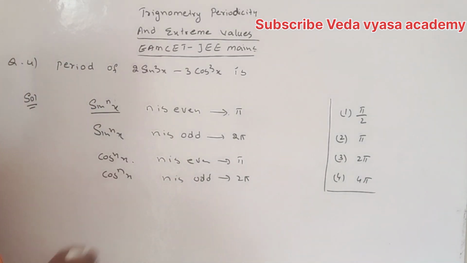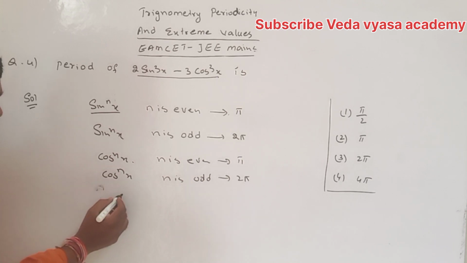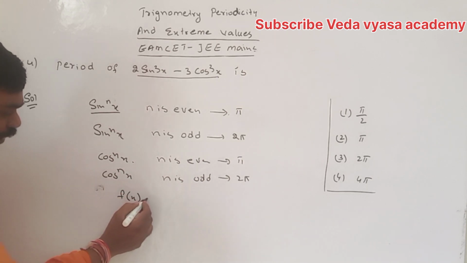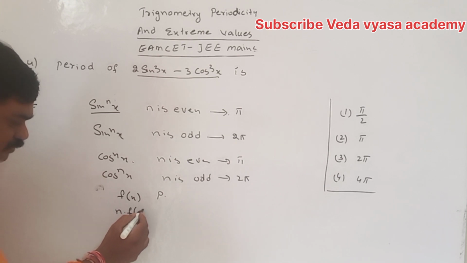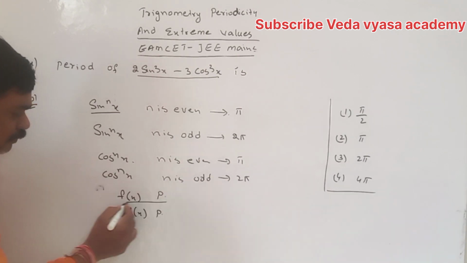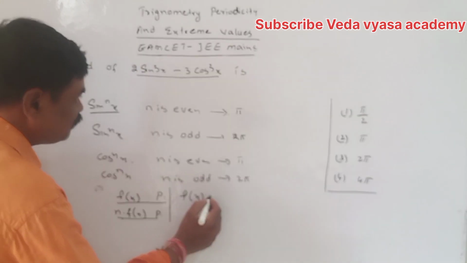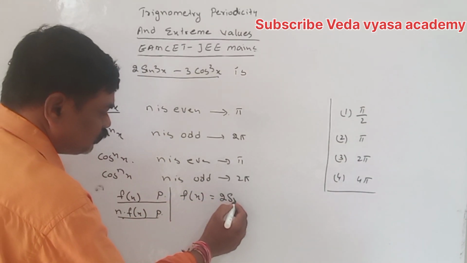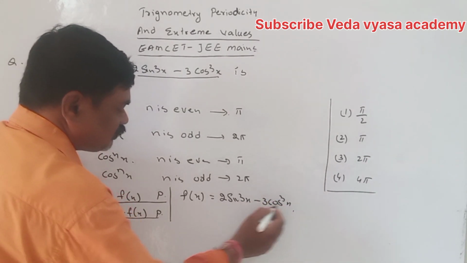2 pi. So we have, given f of x with period p, n into f of x has the period also p. Okay, all of you. So we have given f of x is equal to 2 sin cube x minus 3 cos cube x.